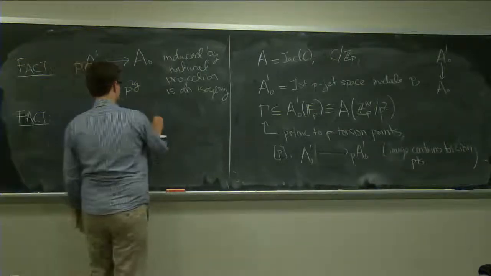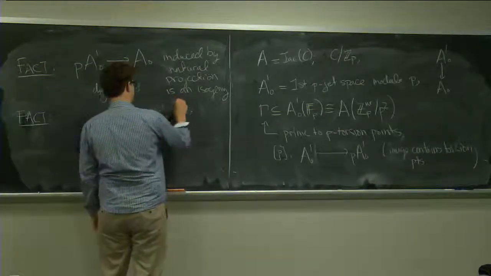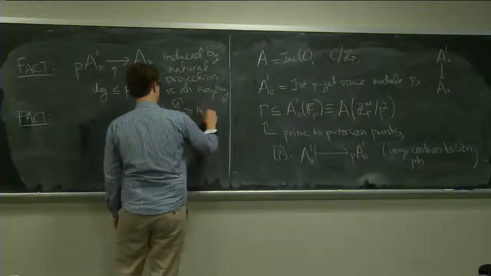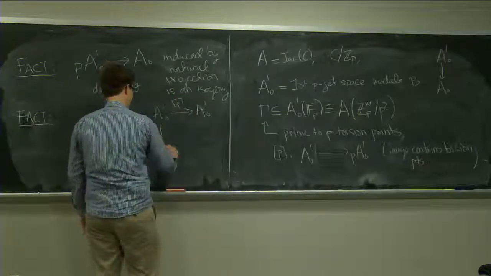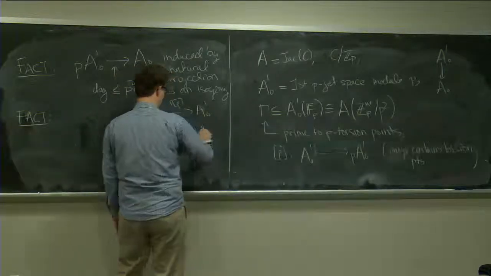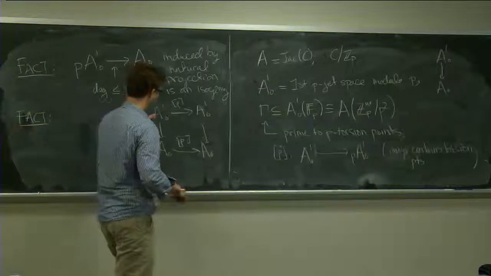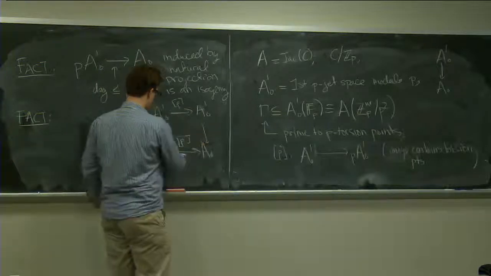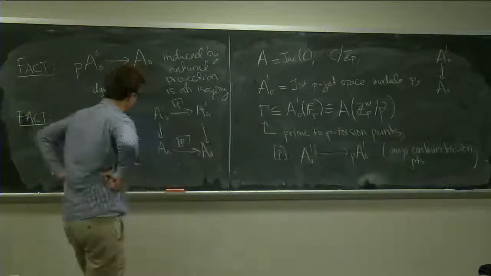Oh, I see what you're saying. You're saying this? Okay, and then basically you take the image of this, and then I guess you'd have to show something like that.